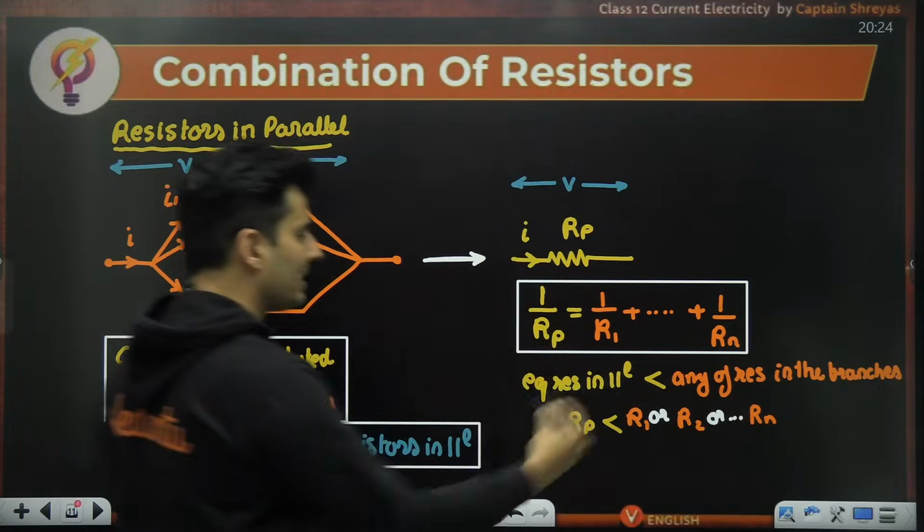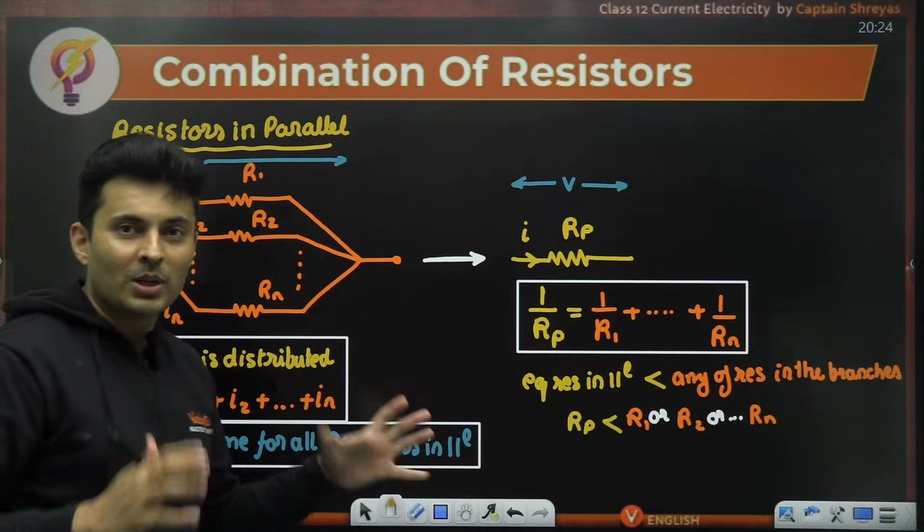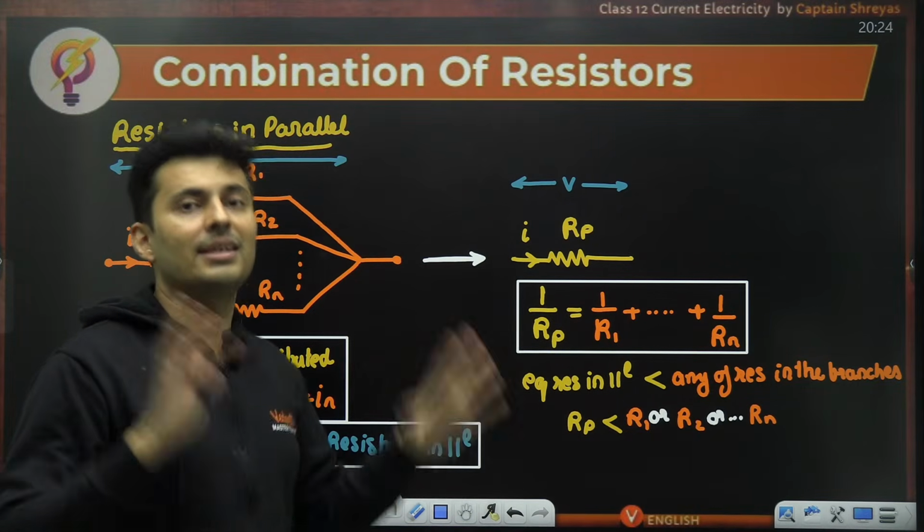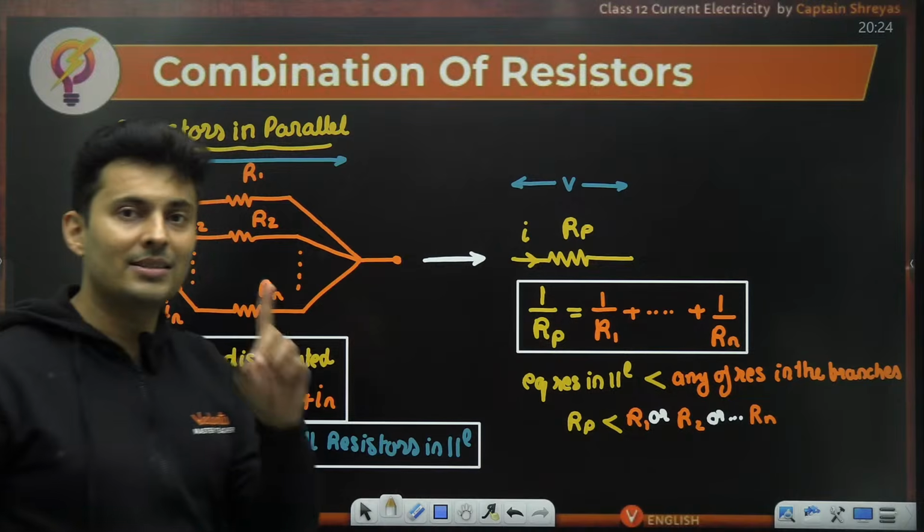It is always lesser than that. So if you have 5 ohm and 3 ohm, the equivalent will be lesser than 3 and lesser than 5 also. Okay, that is for parallel.